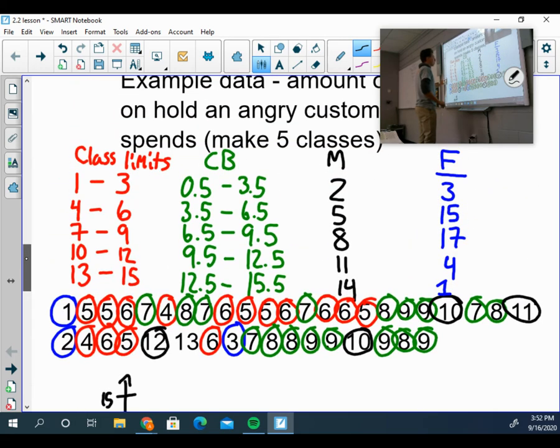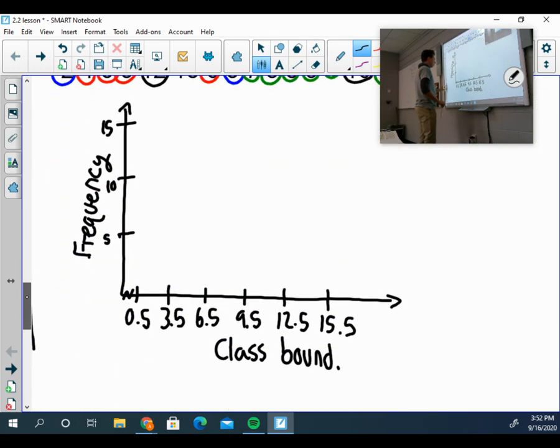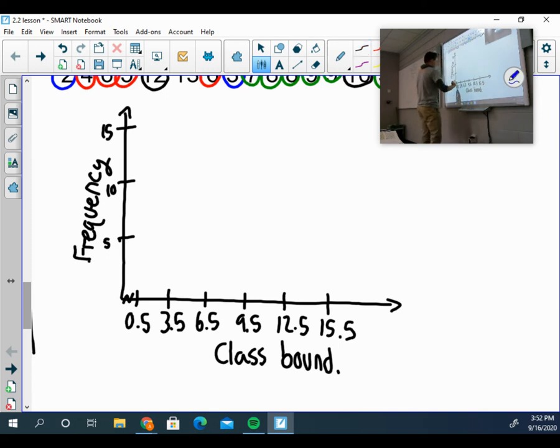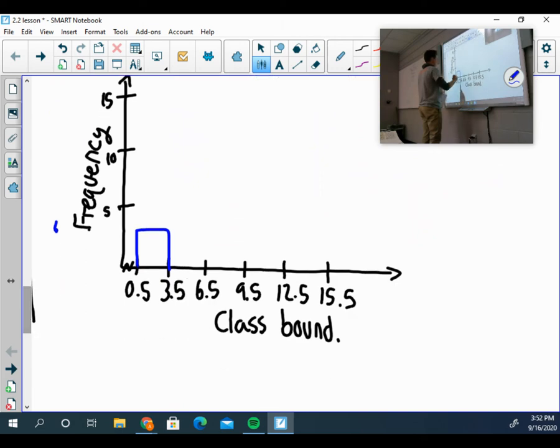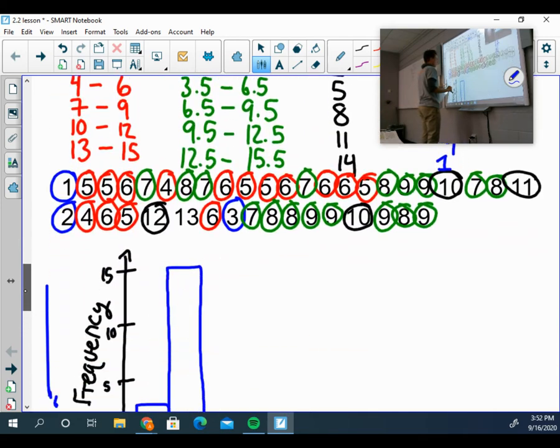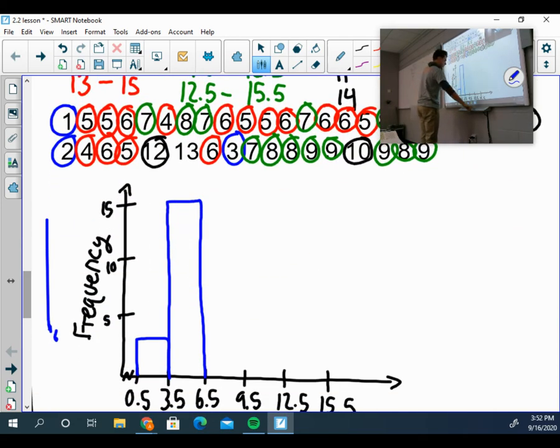So for class 1, my frequency was 3. So I'm going to make a bar up to about 3. Then for 3.5, I had 15 calls. So my second class is going to go all the way up to 15. My third class had 17. It's going to be even higher.